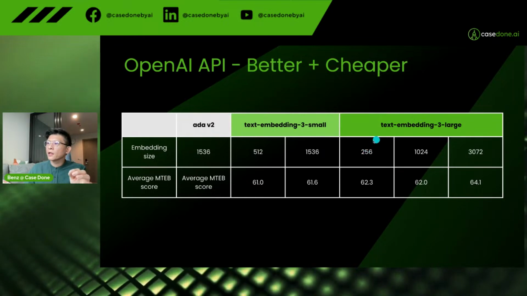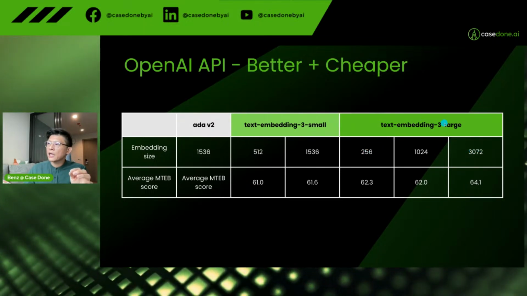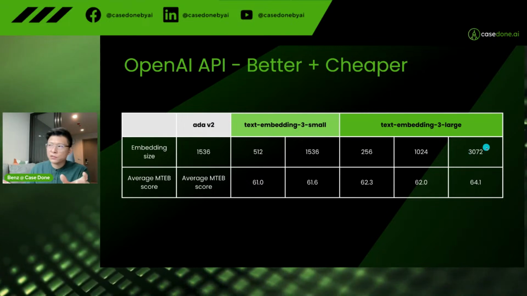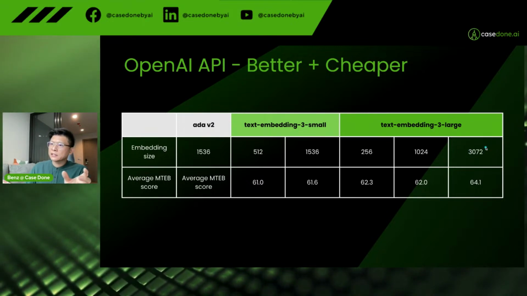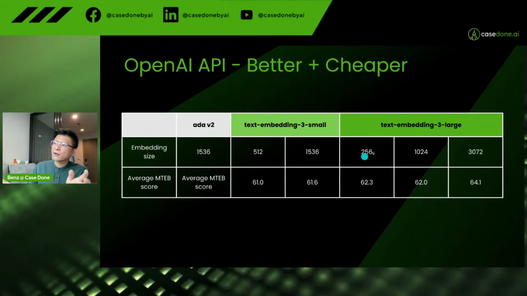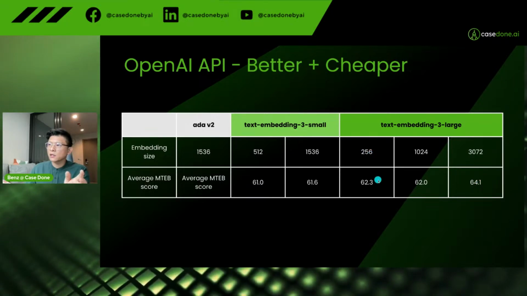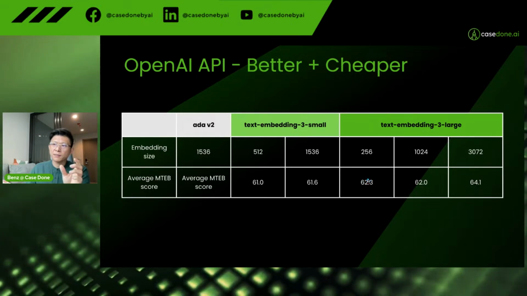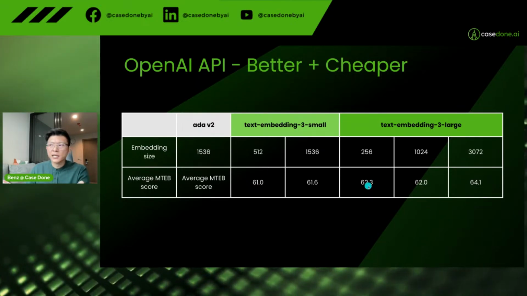For example, for the large model, the maximum length is about 3072, but the score is about 64%. If you shorten it down to only 256, the performance only drops by 2%.